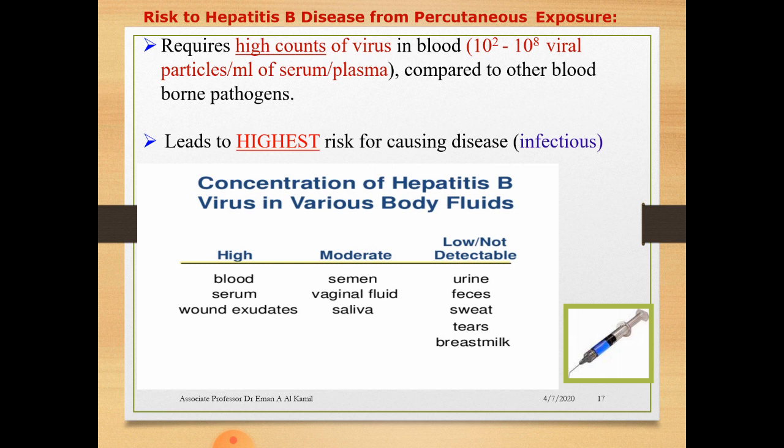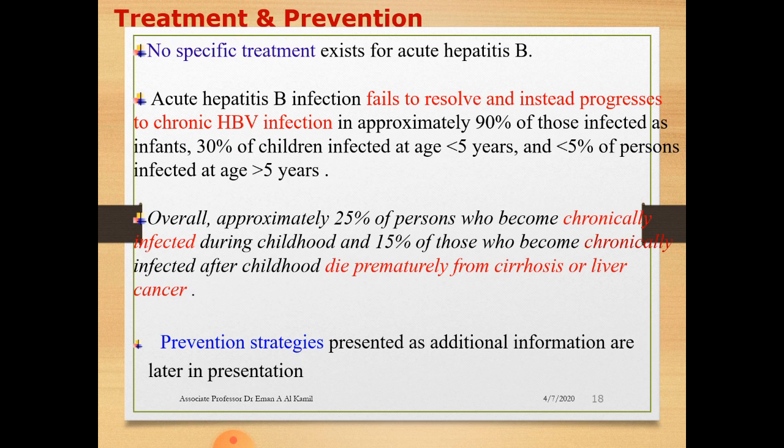The concentration of the virus varies in the body fluids. It has been noticed that it has high concentration in the blood or serum or wound exudate, and lower or moderate amounts in the semen, the vaginal secretion and the saliva, but it is of low concentration in the urine, feces, sweat, tears, and breast milk, or maybe it is not detected in the last group.